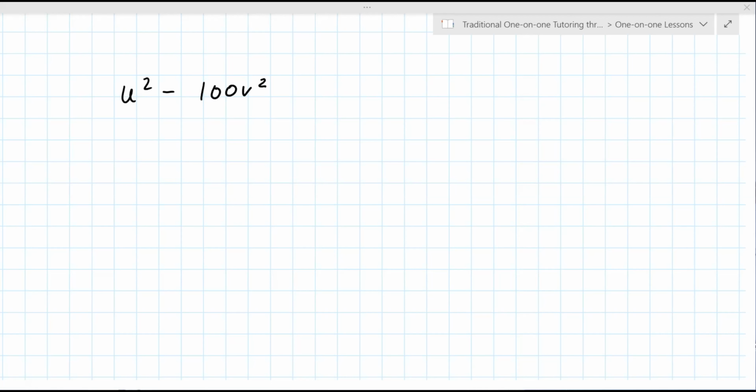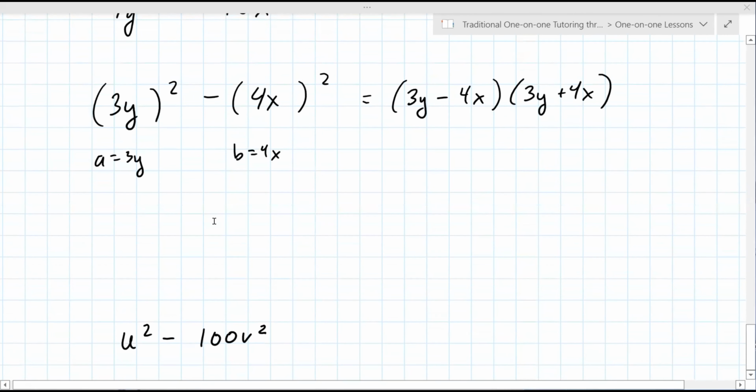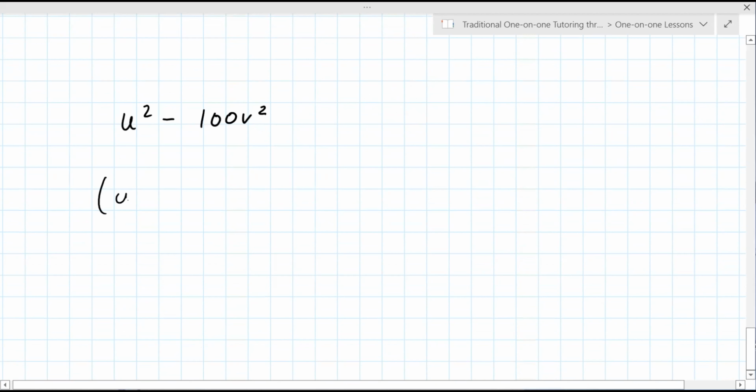Can you scroll up again really quick? U minus 100v, and U plus 100v. Okay, so it's definitely u that gets you back to u squared, but to get back to 100 v squared, it's 10v.